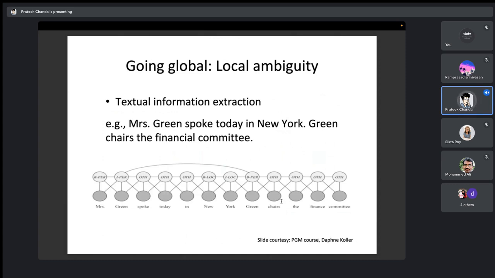We spoke about inference, where you check from local observations and want to make global predictions. So you have local ambiguity, but you want to make a global prediction that Green in the entire sentence refers to a particular person, not the color green. If you just focus on local prediction, it can falsely say it's the color green. But if you look globally over the entire sentence or entire paragraph, it can learn and predict correctly that it actually means the person. So that's the idea of inference.